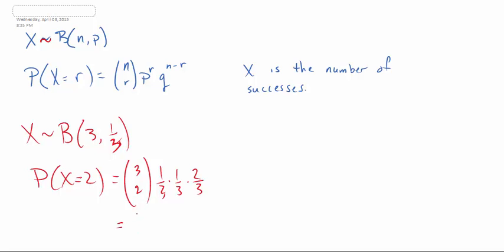And this is 3 choose 2 times 1/3 squared times 2/3 to the first. Probability of success is 1/3. There are 2 of them. Probability of failure, q, is 2/3. And there's only 1 of those. And the combinations operator counts the number of ways that we can get this possible outcome for the random variable.